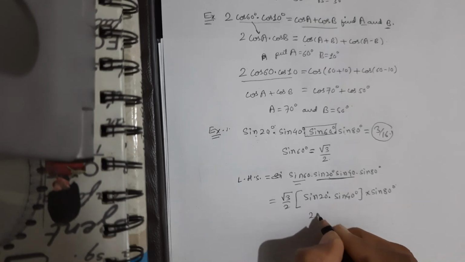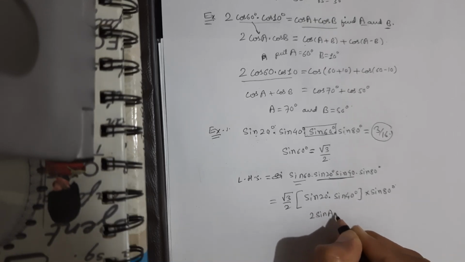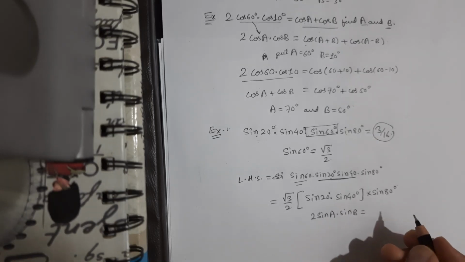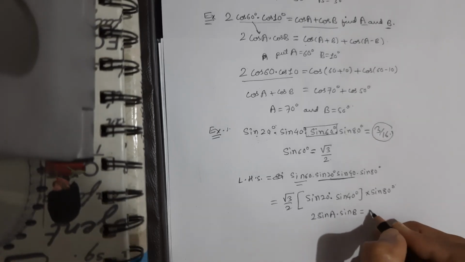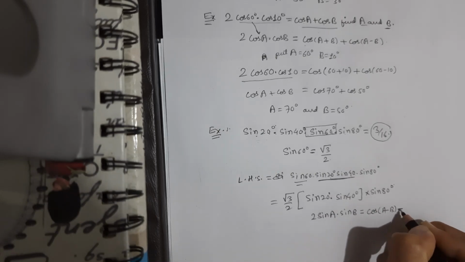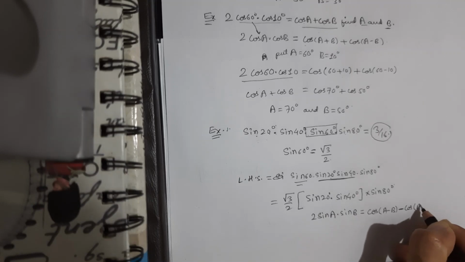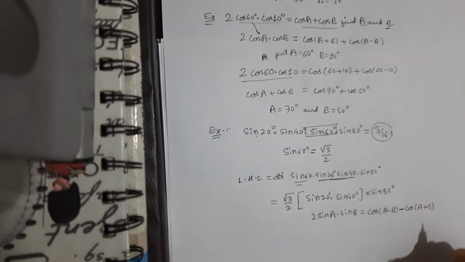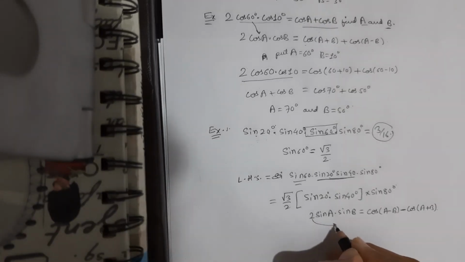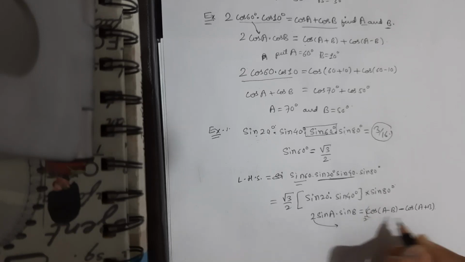Now I have 2 sine A into sine B equal to cos A minus B minus cos A plus B. I take this 2 to the other side, so I get 1 by 2 here.